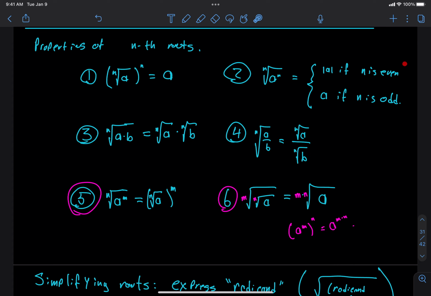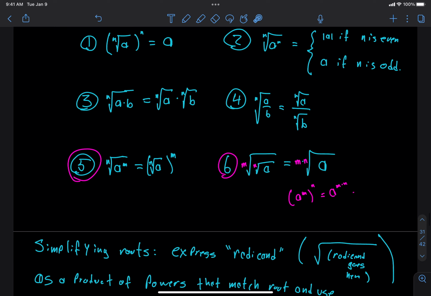I need to be careful about whether the power is even or odd, because if the power is even and a was a negative number, then a to that power would be a positive number. If we take the even-powered root of a positive number, if it's the principal root, we get back that number as a positive. So we have to be careful if a is negative when we're doing even roots and even powers.